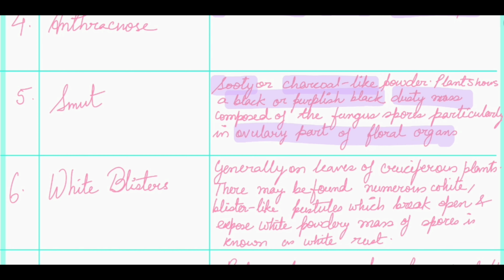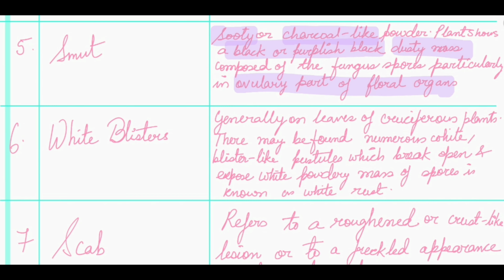In smut, what we saw is sooty, charcoal-like powder. Remember, from charcoal, it is black. So a black or purplish black dusty mass is seen in the ovulary part of the floral organs.